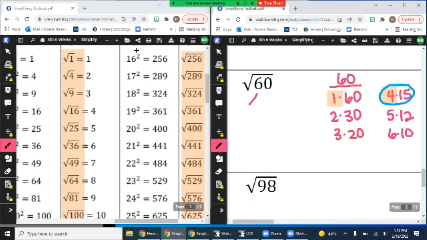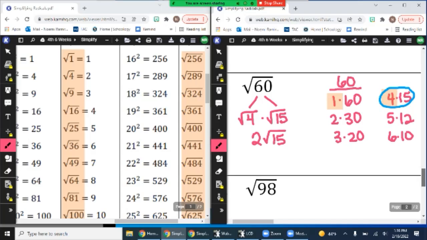You want to pick the biggest highlighted number, and you want to write the highlighted one in the front. Okay, so square root of 4, square root of 15. And the square root of 4 is 2. Now, since the square root of 15 doesn't exist over here, you bring that one down, square root of 15. Got it? Okay, moving on.